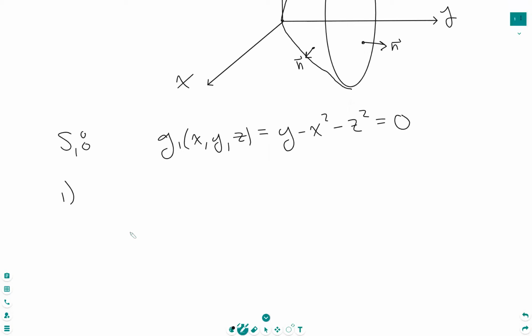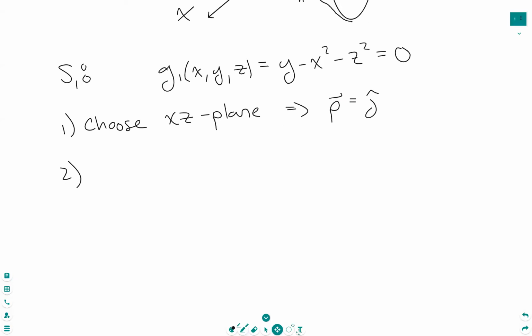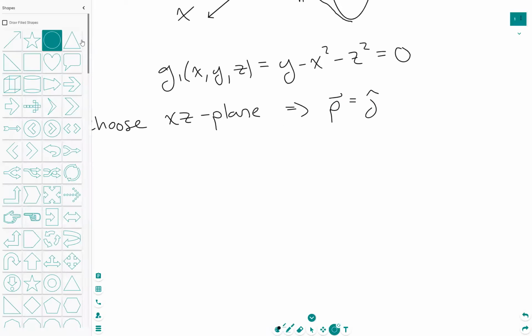So we can go ahead and project to the xz plane. The projection here, like I said, is just a circle.